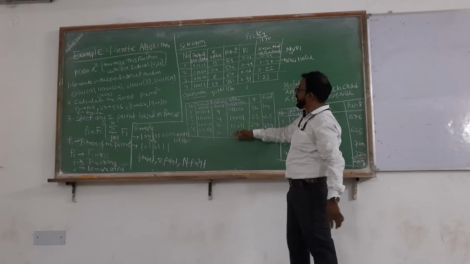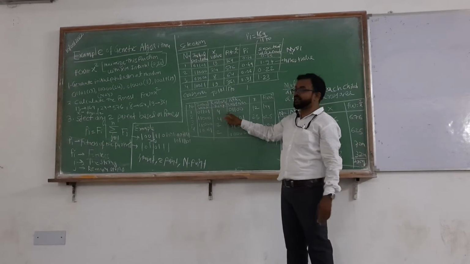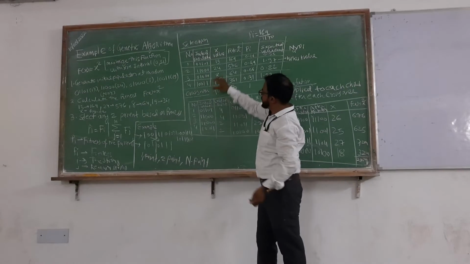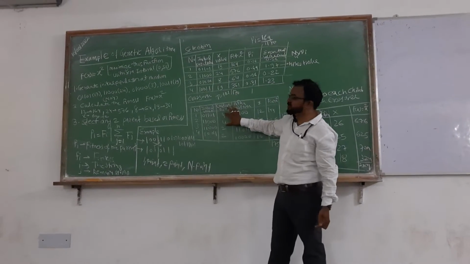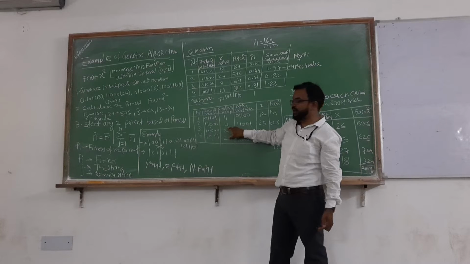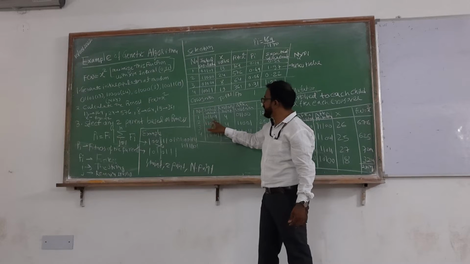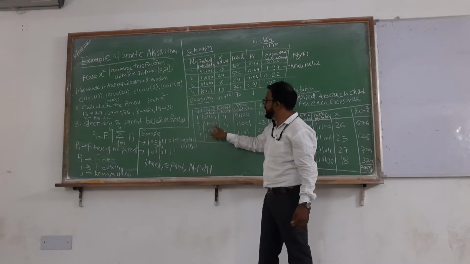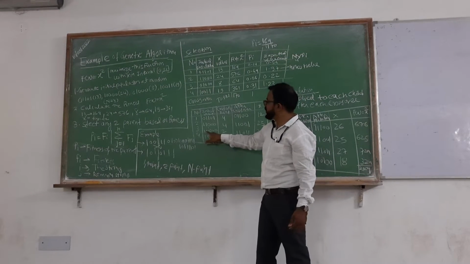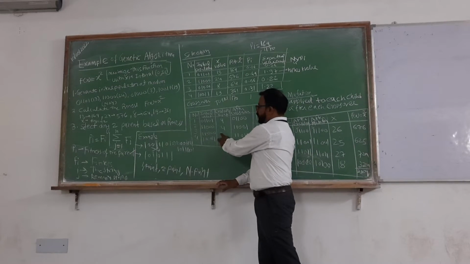All these values we have to note down, and till now it is the same, but here we have to... means 1 2 1 2, here we are doing 2-point crossover.